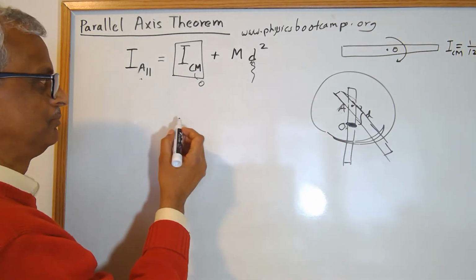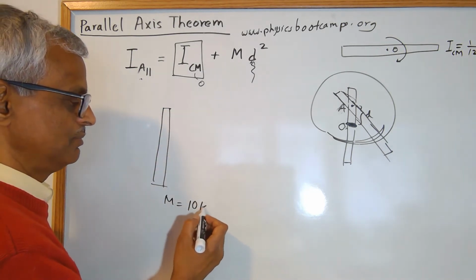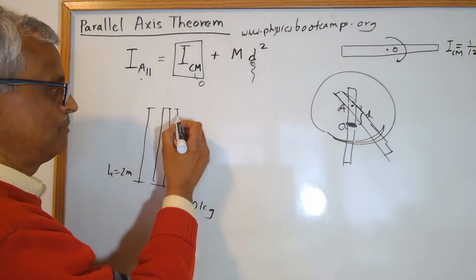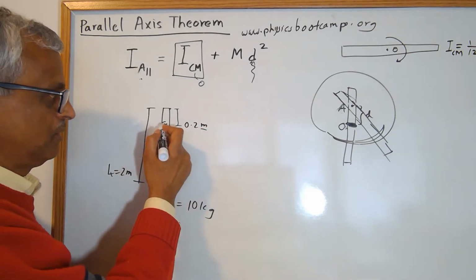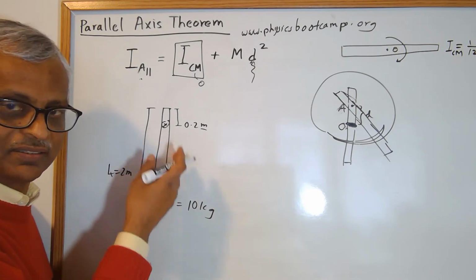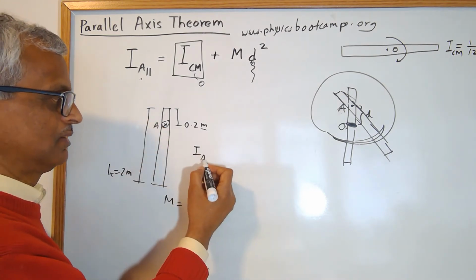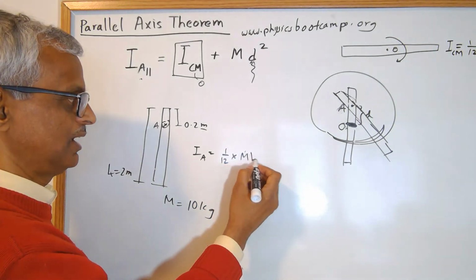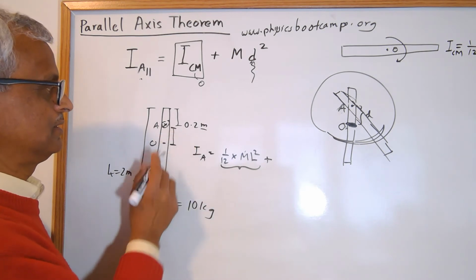So let's see. I had a bar, and M was 10 kilograms, and L was 2 meters, and I put a pin at maybe 0.2 meter from the end. For the second law of motion for rotation, I need an I. So the I through this axis that I'm working with will just be equal to 1/12 ml square, that's the center, plus, here's the center, that's O, so I need to get a distance.